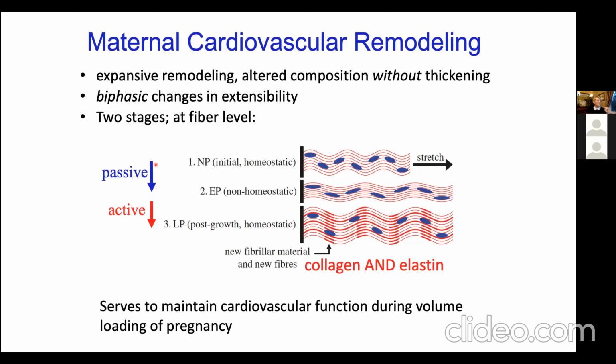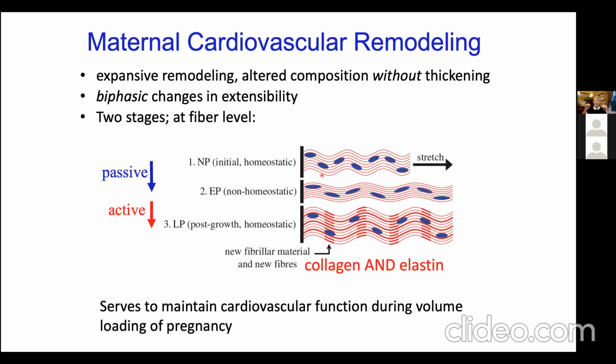So in non-pregnant conditions, you would have your elastin and collagen fibers with your cells that maintain those structures. In early pregnancy, you have volume overload, the aorta gets wider, the heart valves expand, and the elastin and collagen become straightened.